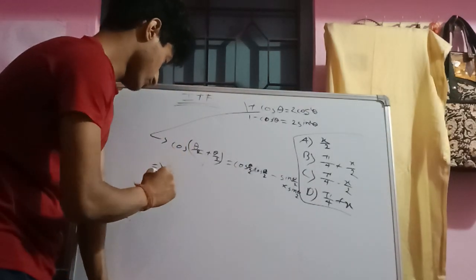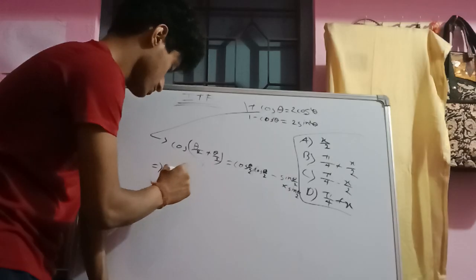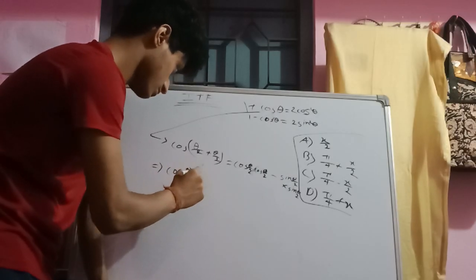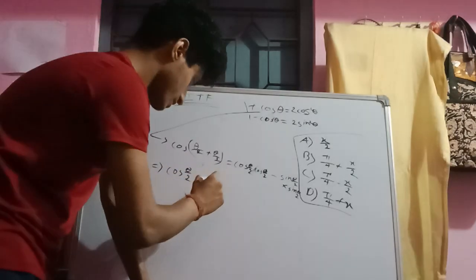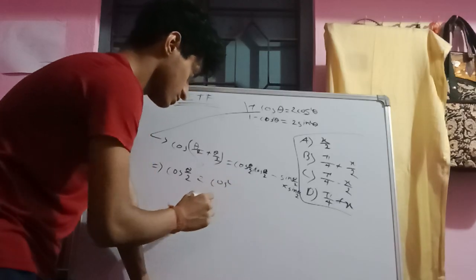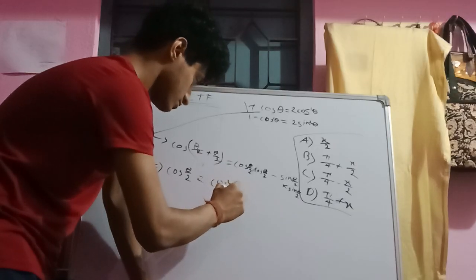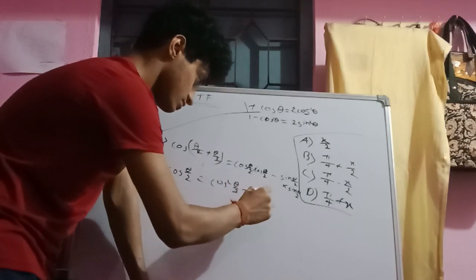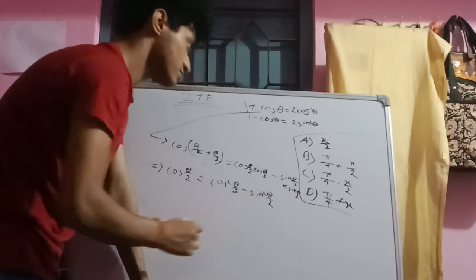The left side would become just cos theta. The right side would become cos square theta by 2 minus sine square theta by 2.